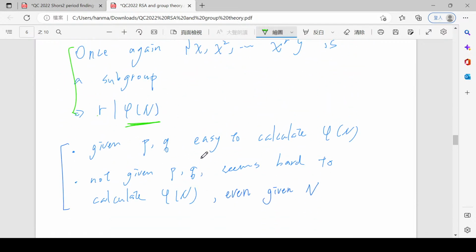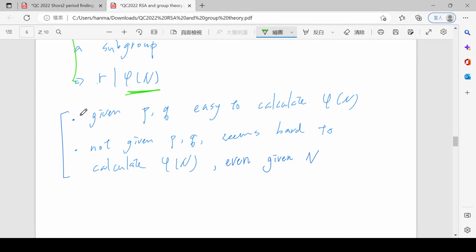Now the RSA thing is that if you are given p and q, then you can obviously calculate phi of n. And so p, q and phi are basically the secret key in your encryption. But the public key will be your n. If you are given n, then it seems pretty hard to get p and q because of factoring.